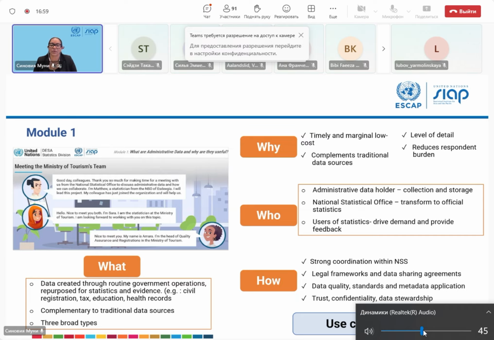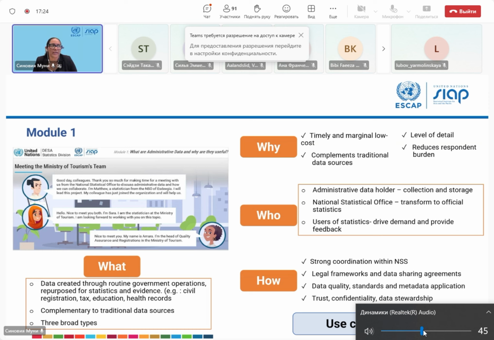Cost effectiveness, because obviously there are lower associated costs for collection, unlike what you would have for a traditional census or survey. Other features are that it provides more lower level detail because you have information being collected at the subnational or lower geographic areas, and reducing respondent burden.